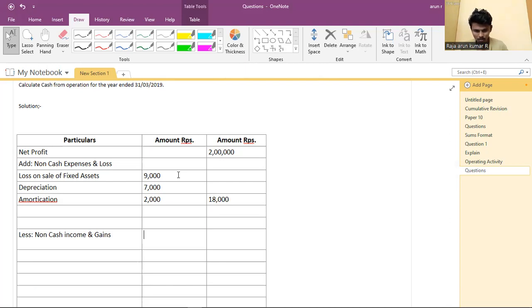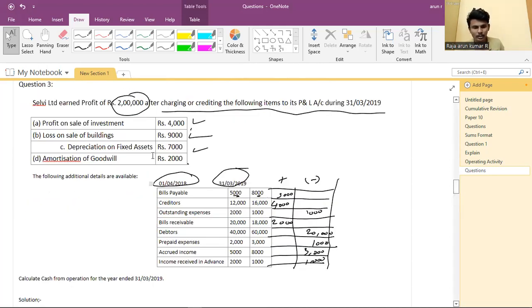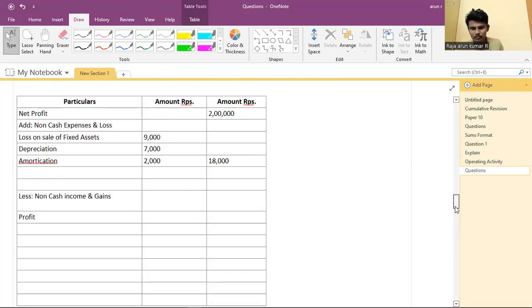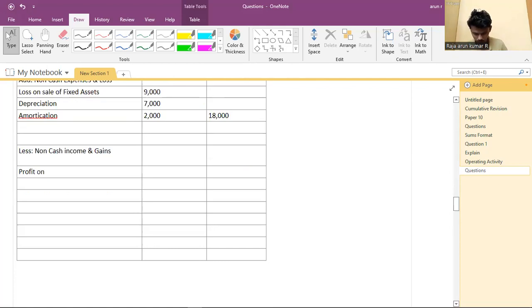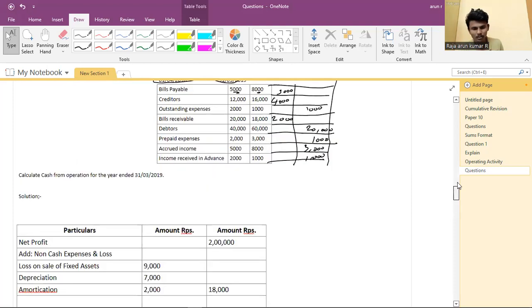Then losses, only one. Profit, sorry, non-cash income and gain, profit. What profit did they give? 4,000.